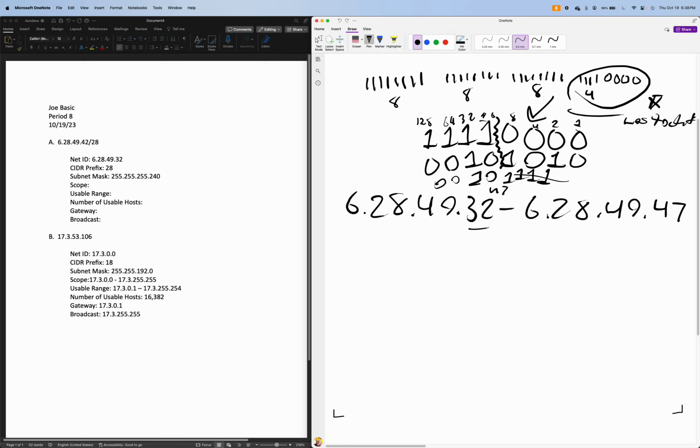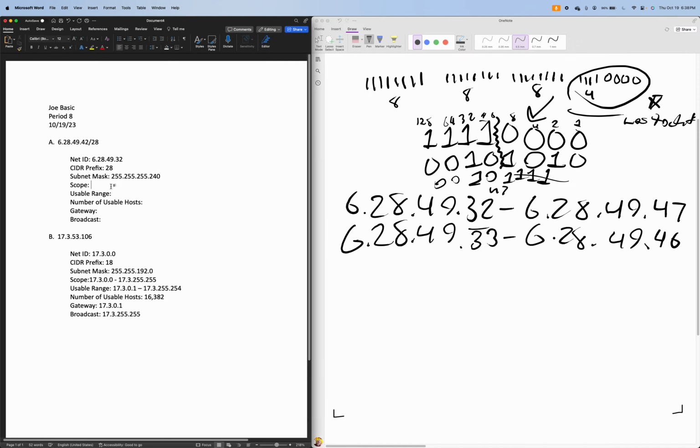For the usable range, you do the same thing, but the first address, or the first net ID, is plus 1, and the last is minus 1. So let's put this in here.